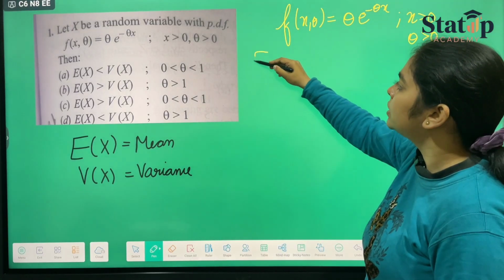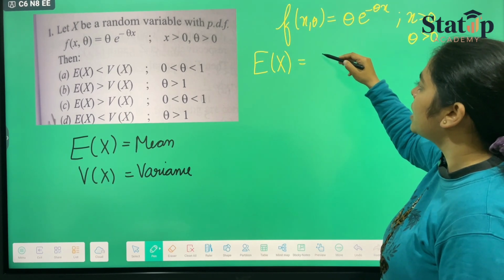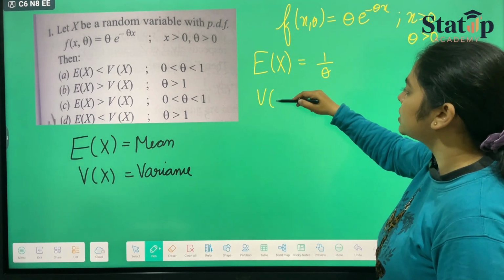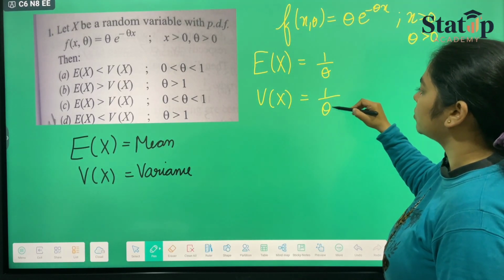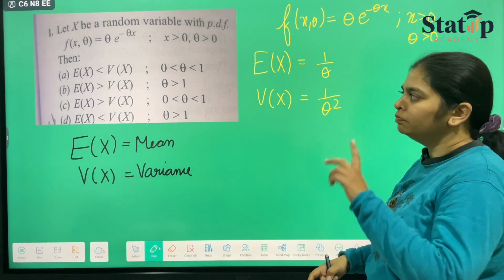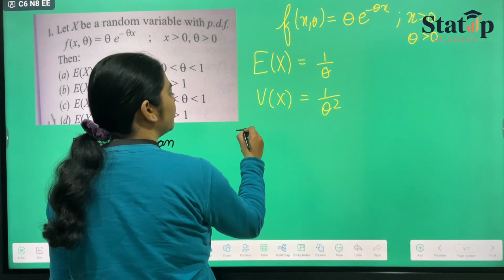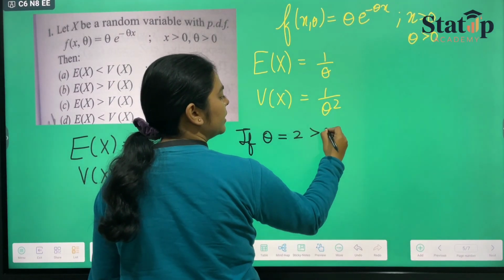Now we know from the formula that the mean or expectation of x is 1 upon theta and the variance of x is 1 upon theta square, and they have given us various values of theta. Let us take theta equal to 2, which is greater than 1.